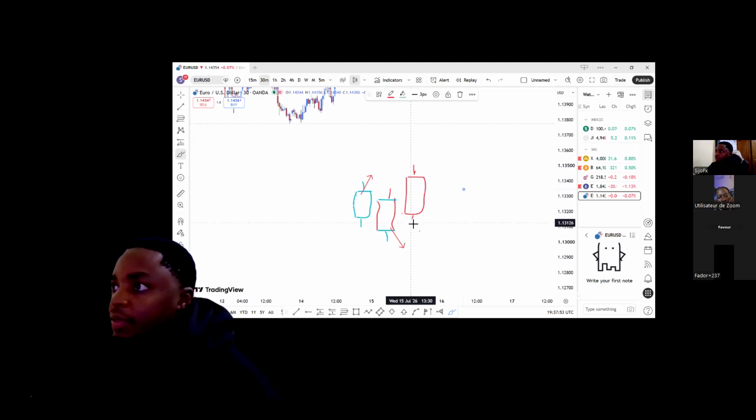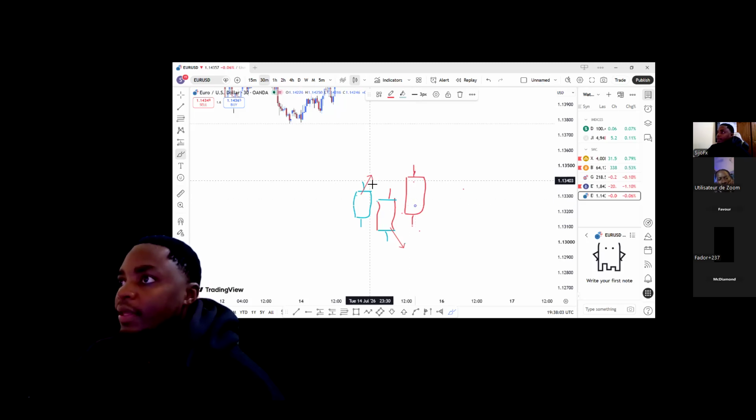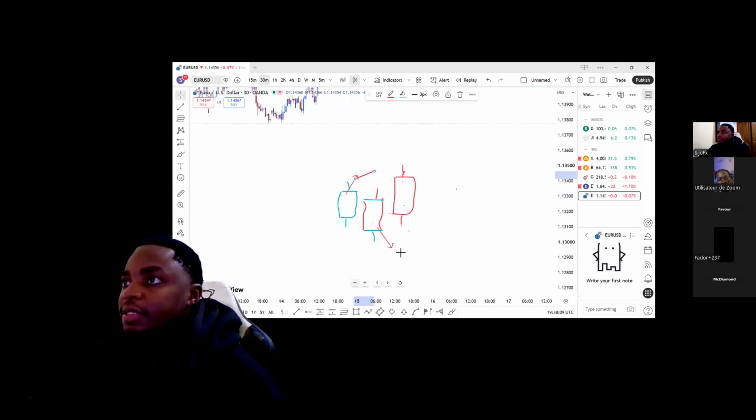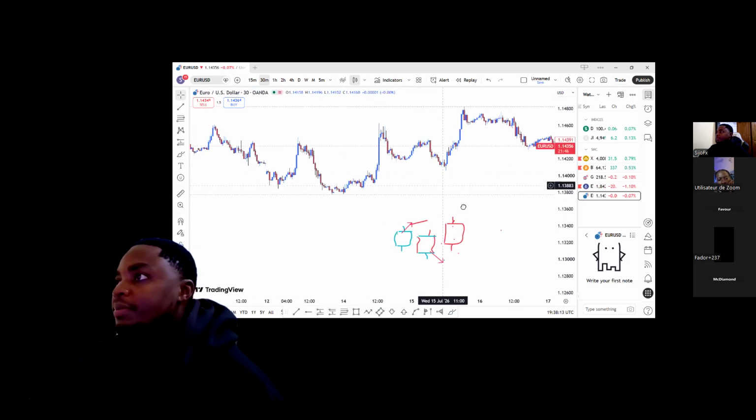So let me mark it, so that if you are jotting, you can write it down. Okay, this is a candlestick. Let me go to a real example.